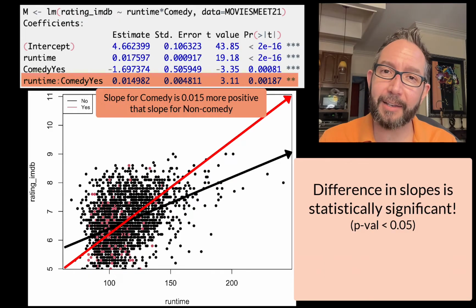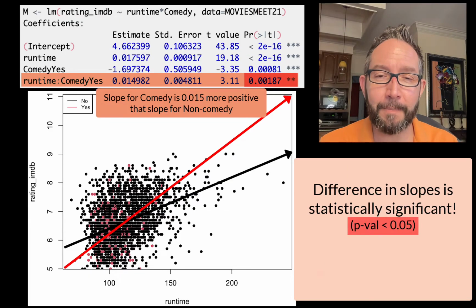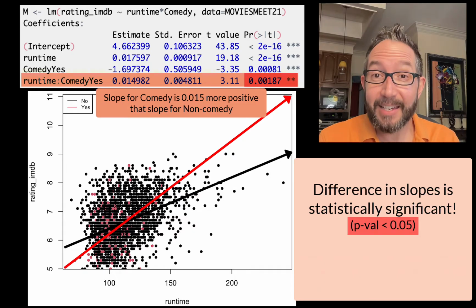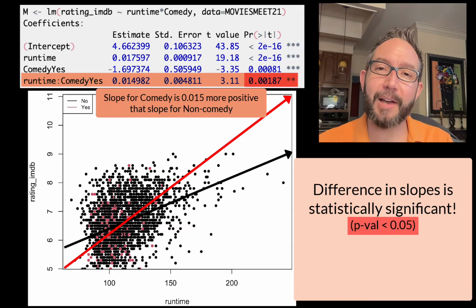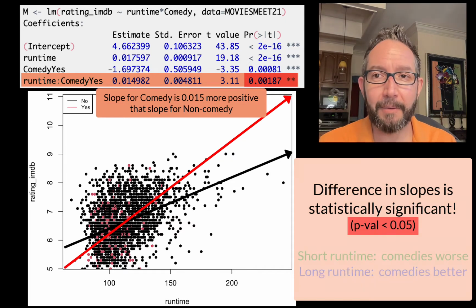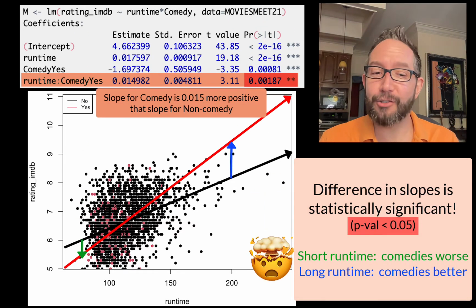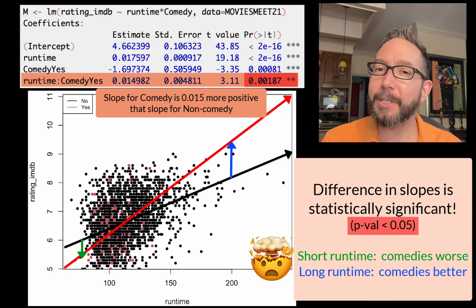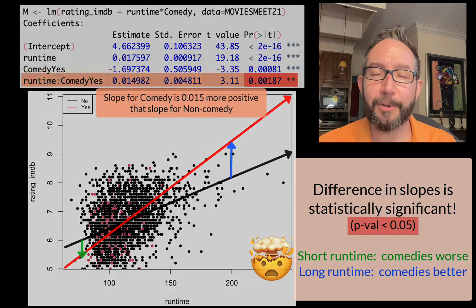Well, we can look at the p-value of the interaction term. We find that while the interaction term is small, about 0.015, it is statistically significant because that p-value is less than 0.05. So in this case, it actually makes sense, just like for G-rated movies, to have two different lines relating the IMDb rating to the runtime for comedy movies versus non-comedy movies.